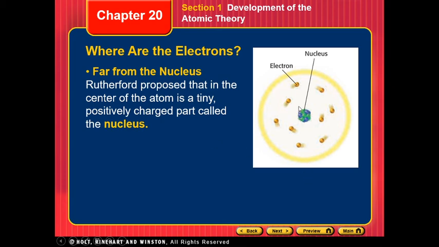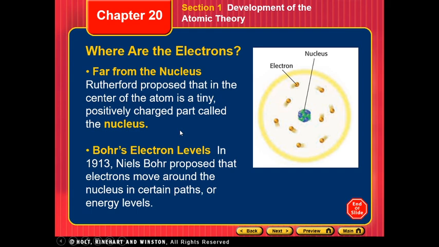Because this is positive and the ray or the beam is positive, it will not be attracted. It will repel. So Rutherford discovered that the atom has a nucleus in the middle, and it is positively charged.